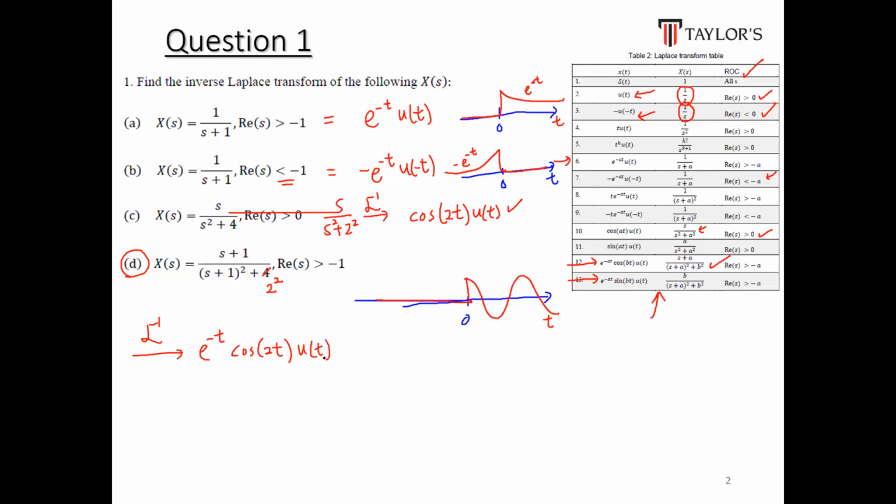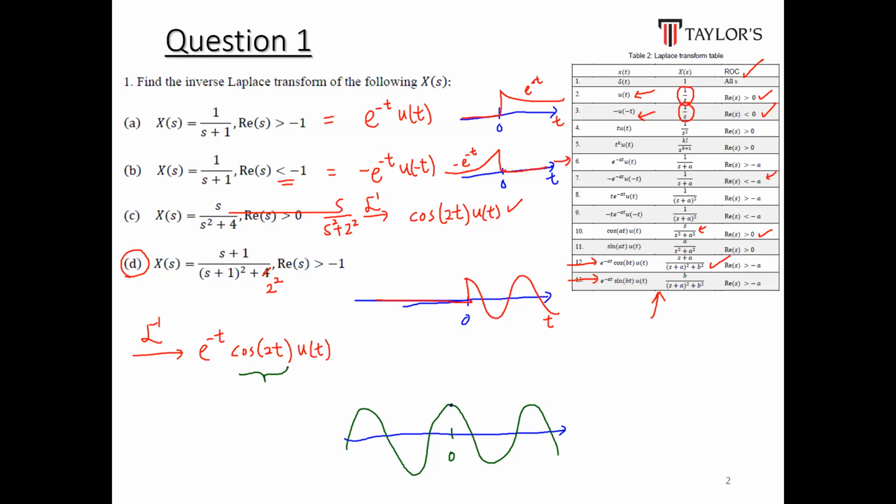All right, so if I require you to plot this signal, how do you plot this signal? First, let us try cosine of 2t. This is 0, right? So cosine of 2t will look like this. This is only for cosine of 2t. How about e to the negative t?